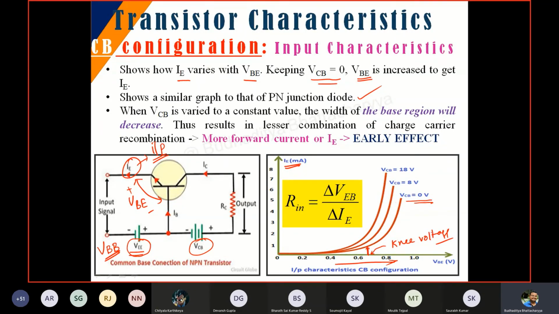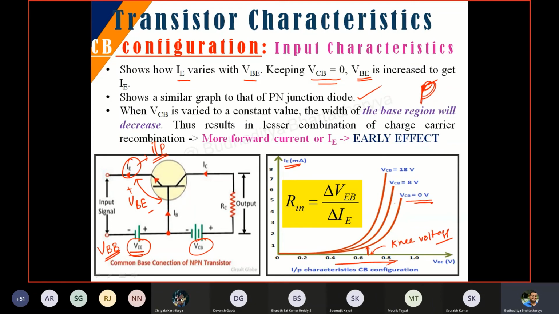The term knee voltage is very similar to how a knee is like this, right? After a particular point, we have a knee joint like this. In the same way, the knee voltage looks like that. After a certain point, the graph is increasing. So that is the knee voltage.